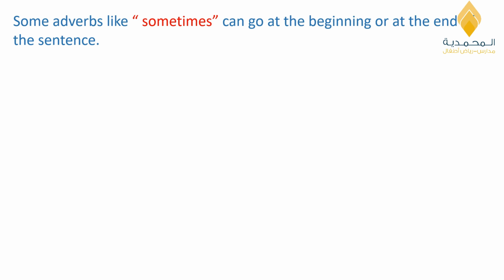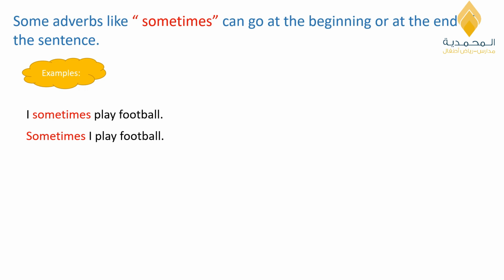Some adverbs like sometimes can go at the beginning or at the end of the sentence. We can put sometimes at the beginning of the sentence, at the end of the sentence, and before the verb. Let's see the examples. I sometimes play football. You can notice here that we put sometimes before the verb play.